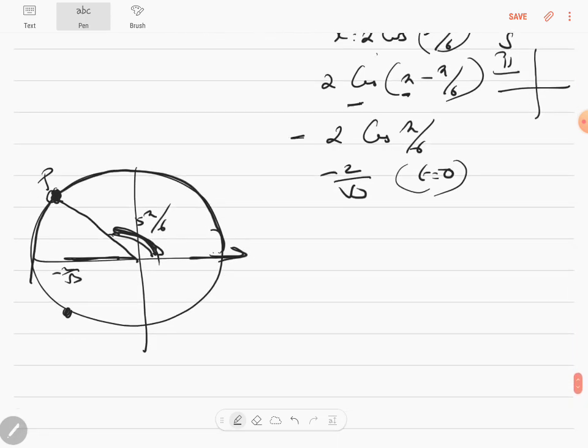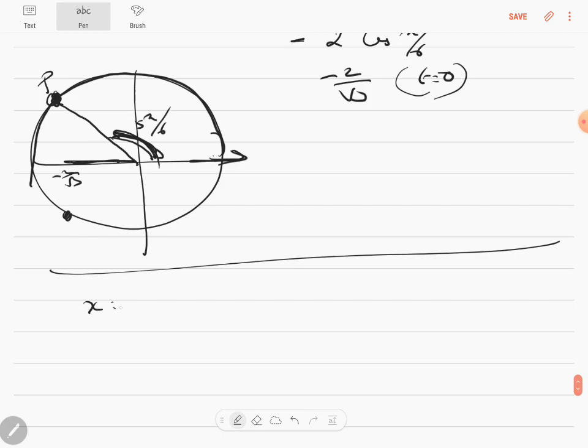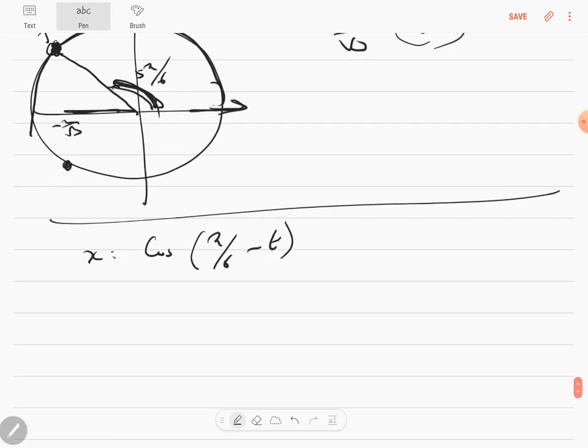So next question is x is equal to cos of pi by 6 minus t. You want x is equal to a cos omega t minus phi, a is 1.